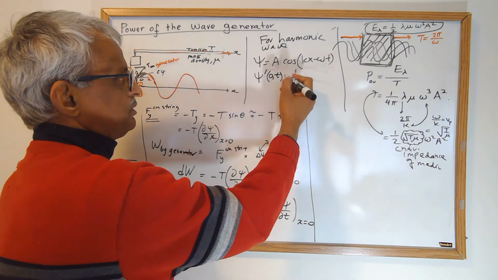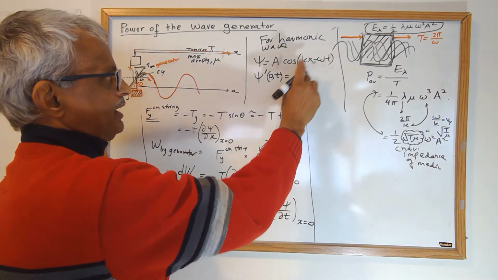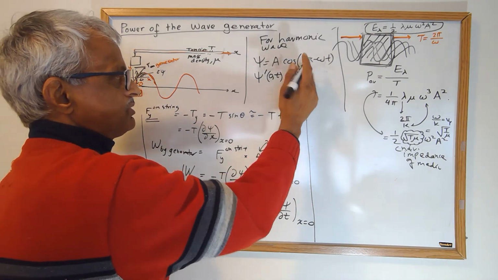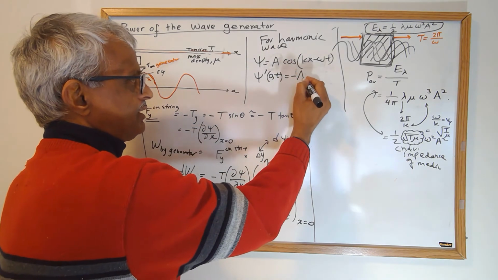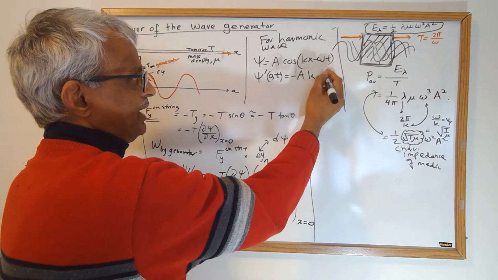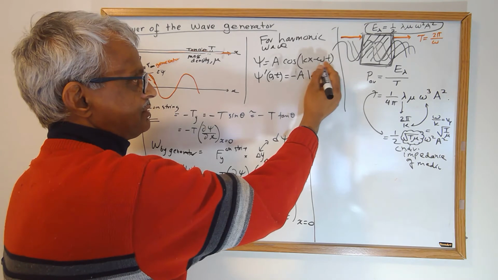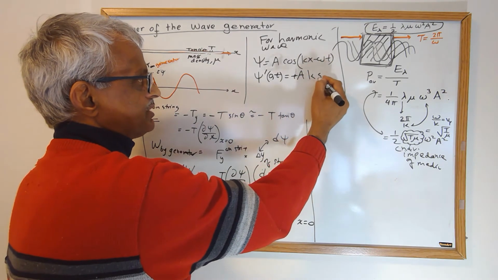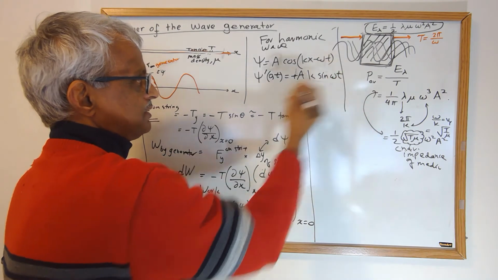Taking an x derivative, cosine goes to minus sine and k comes out, so minus A k, and when you take the sine of minus omega t, it becomes plus. So this becomes A k sine omega t.